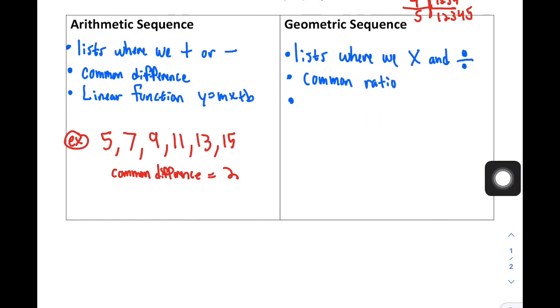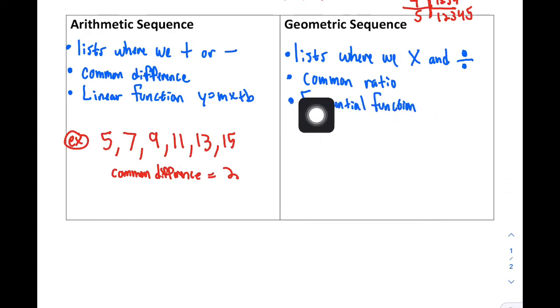All right, and we'll see what this looks like in a second. And these will not make linear functions when graphed. These are actually going to make our exponential functions. And you remember that these are like the J shapes, the L shapes from our first unit. And these equations look something like this.